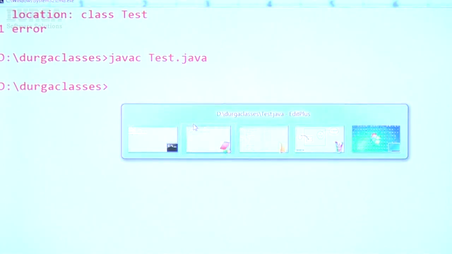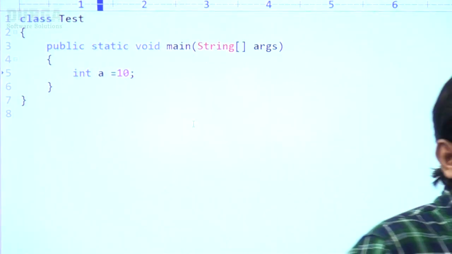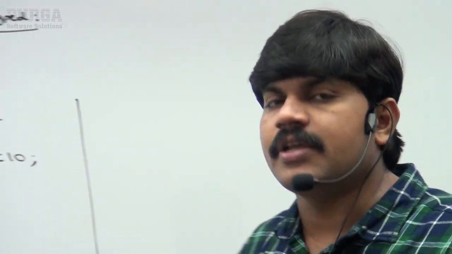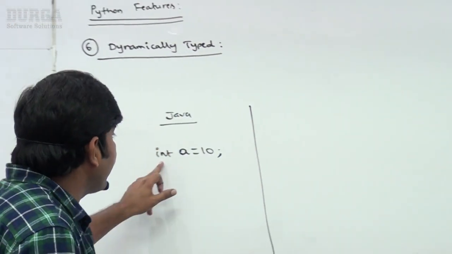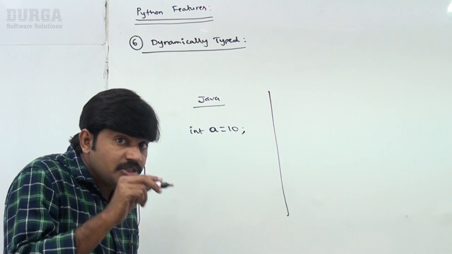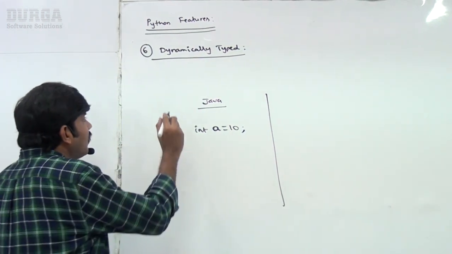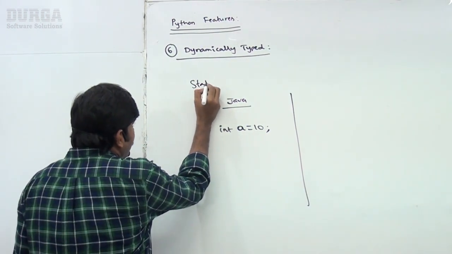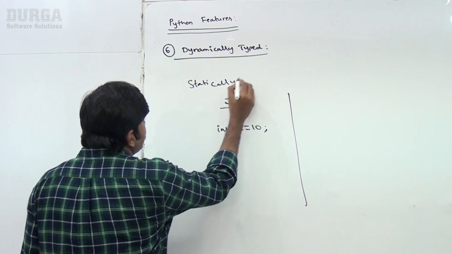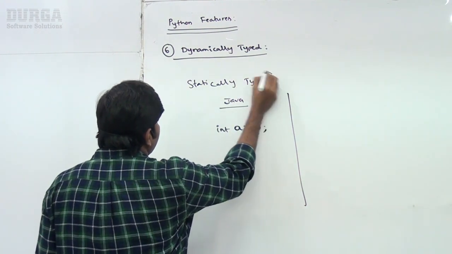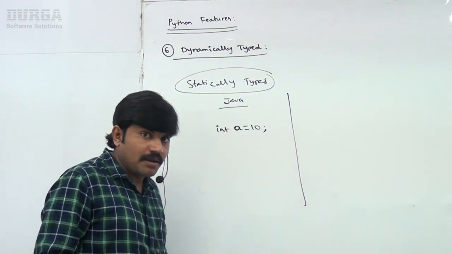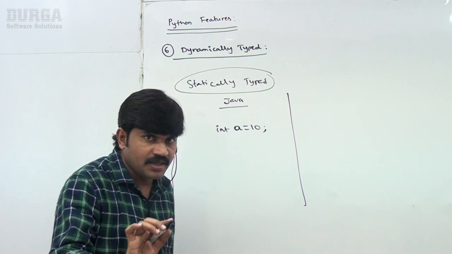So in languages like Java, we compulsorily have to declare the type explicitly. Such languages are called statically typed languages. The type must be declared at the beginning only.